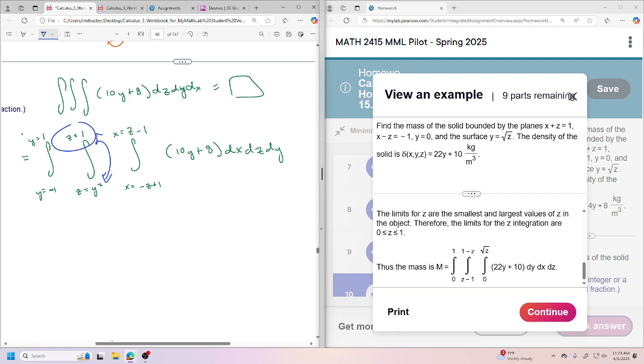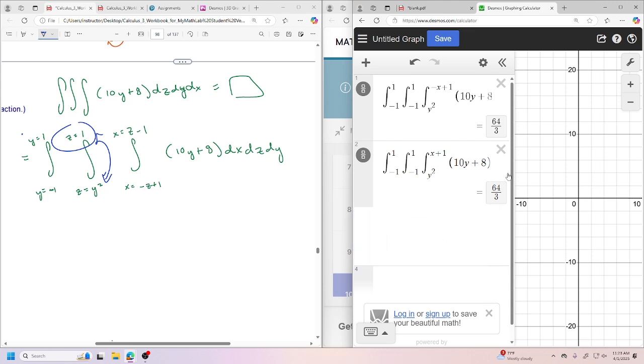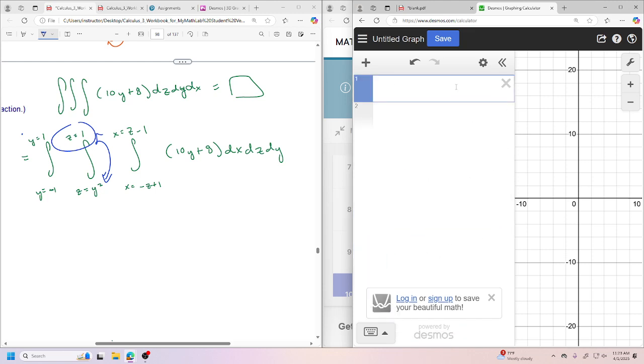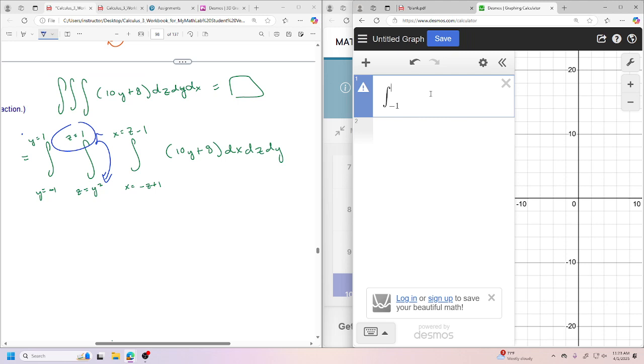I wonder if I did that instead. So let me pull up my Desmos here real quick. I just want to see, can I get it the same way? No, no, no. Okay. The same way, but maybe what if I went from 0 to y squared?